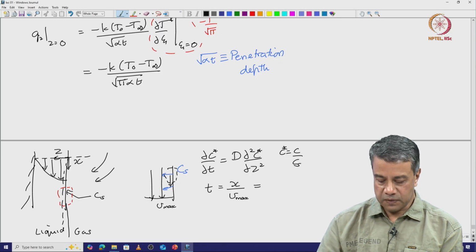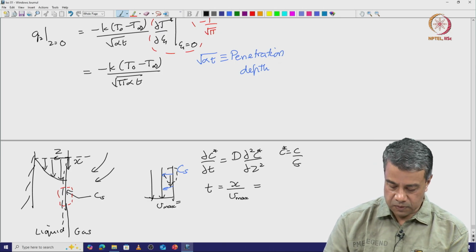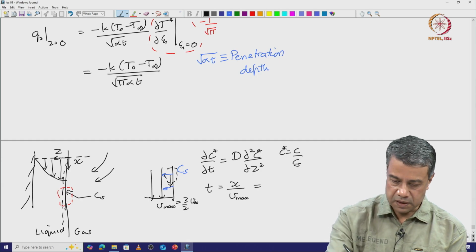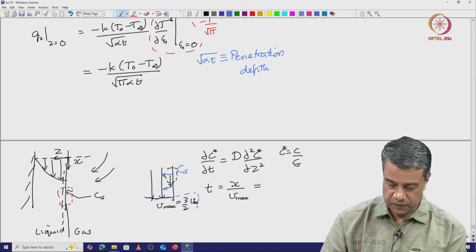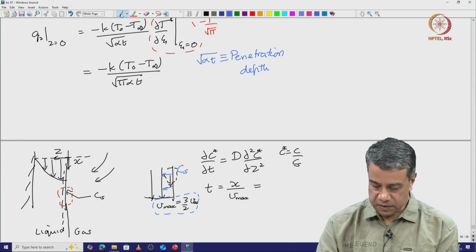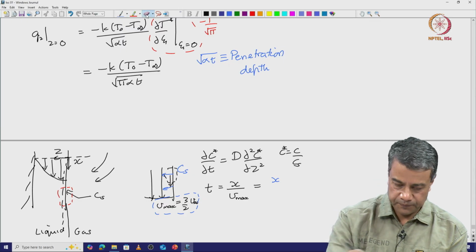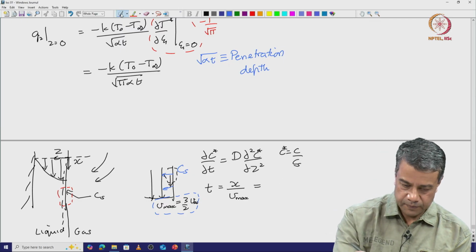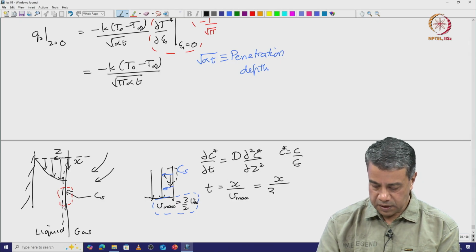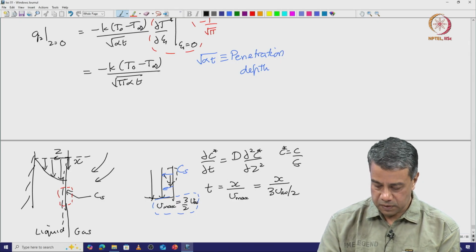For a falling film, we know that V max is equal to 3 by 2 times the average velocity. This relationship is known for a falling film if you have a parabolic velocity profile. So, this will be x by 3 V average by 2.